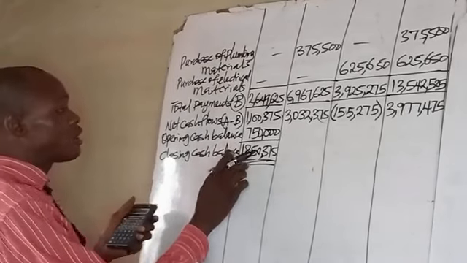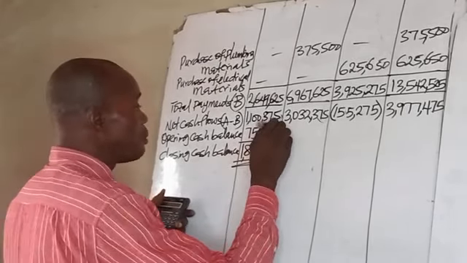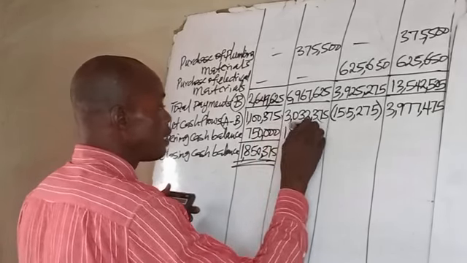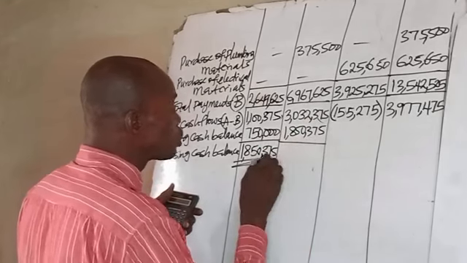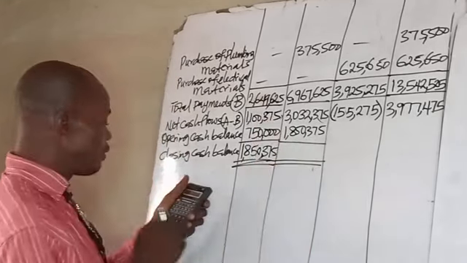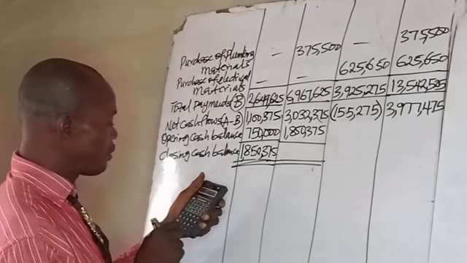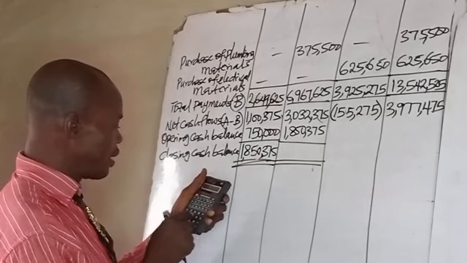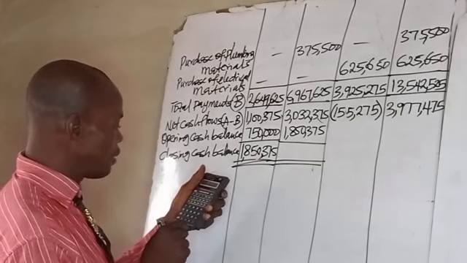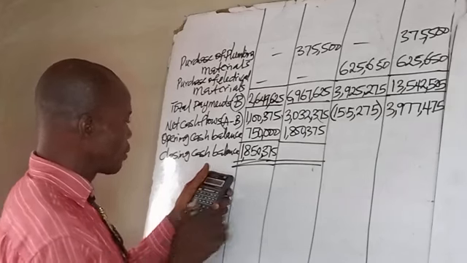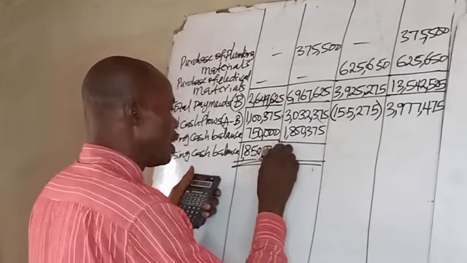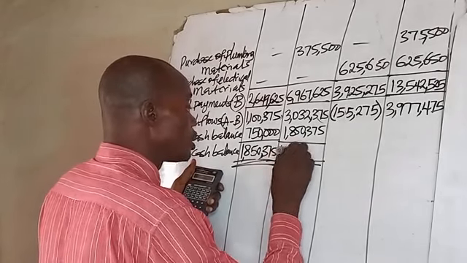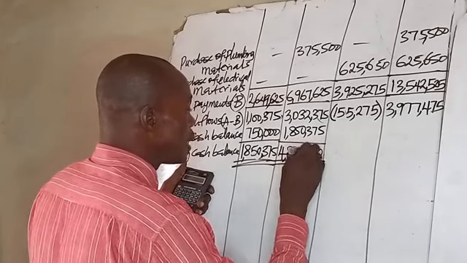The closing balance in January will be the opening balance in February. If you add it to the net cash flows in February, 3,032,375 plus 1,850,375, we have 4,882,750. That is the closing balance in February.